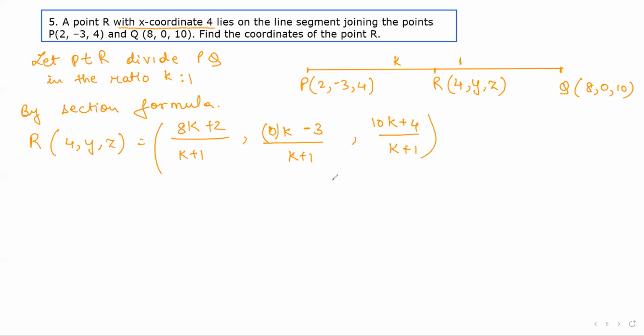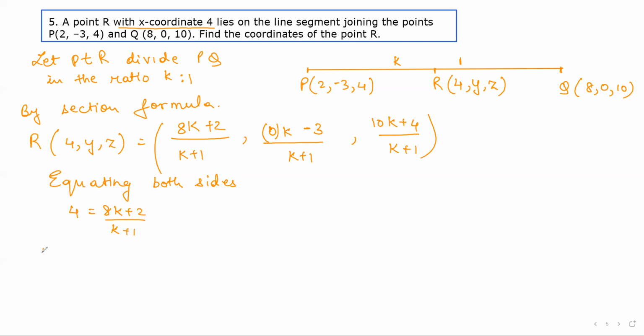Now you'll equate both sides. Equating 4 with 8k plus 2 upon k plus 1, we have 4 is equal to 8k plus 2 upon k plus 1.